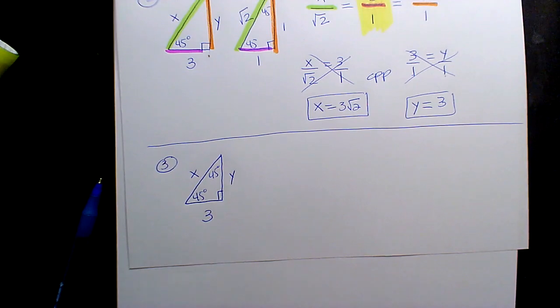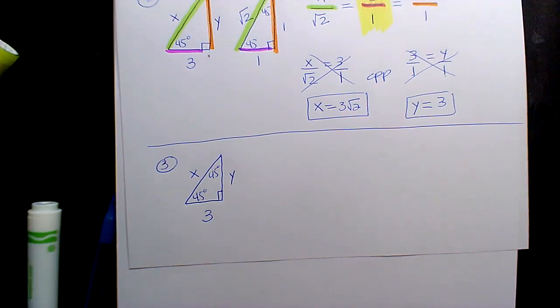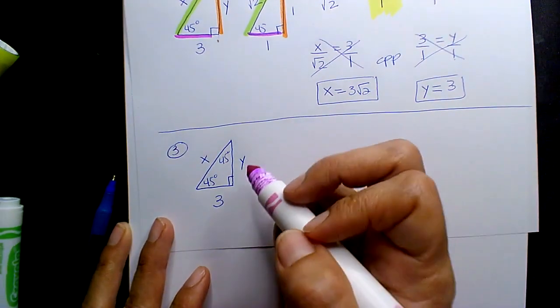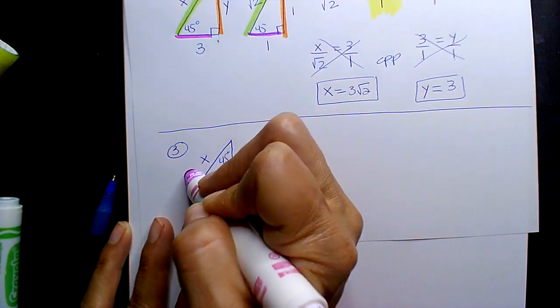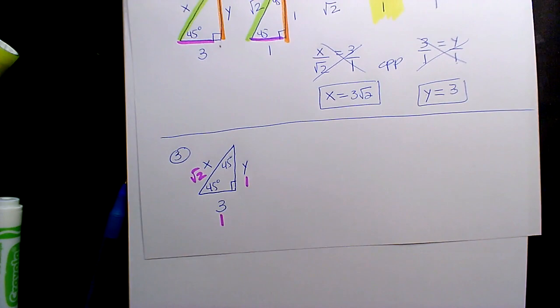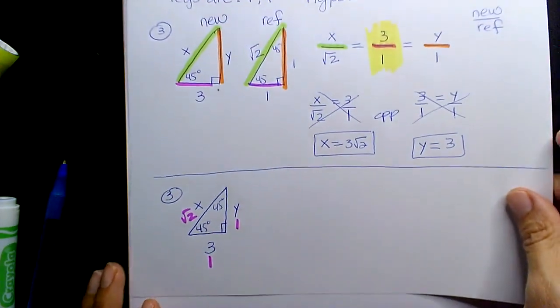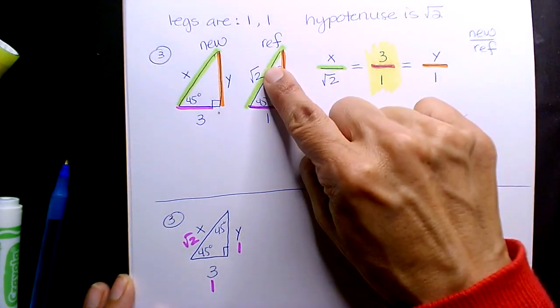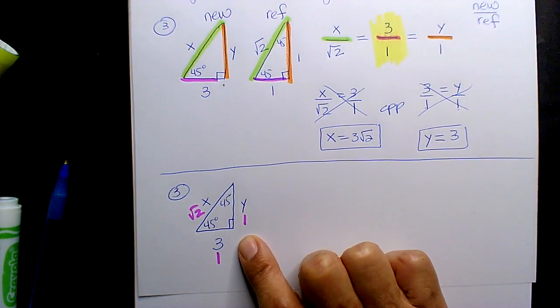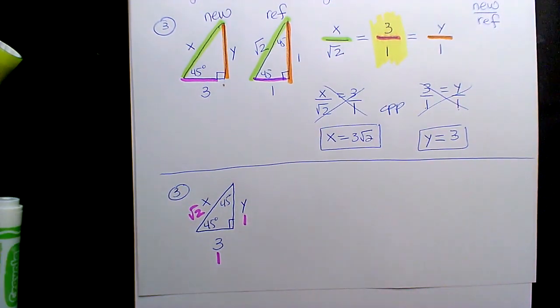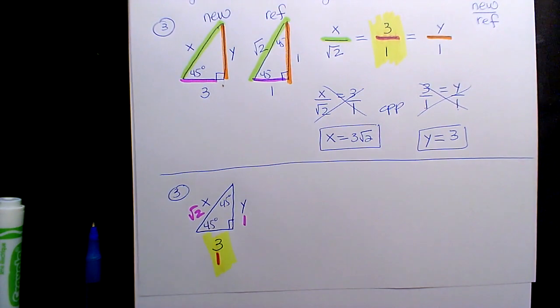Okay, so if you get a marker or your pencil, my legs are 1, 1. My hypotenuse is rad 2. So all I did was, instead of this, I just marked it on the triangle. Okay, so now which one's my scale factor? 3 over 1, right?